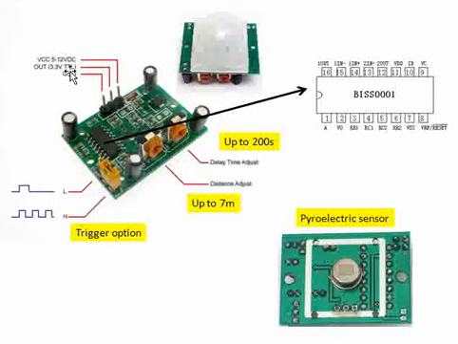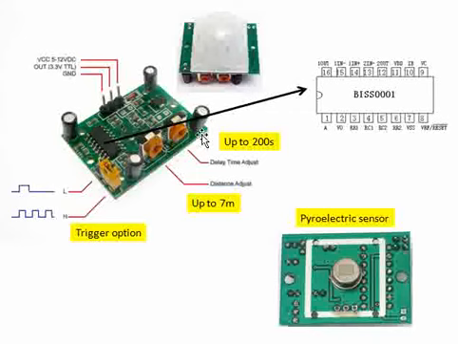For how much time this high remains is determined by this delay time potentiometer, where you can adjust up to 200 seconds. That's what helps us to maintain the level for a specific time.